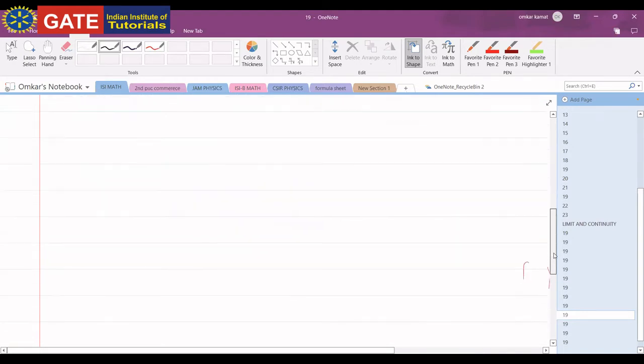Now, if L'Hopital rule is clear, I'll write down the L'Hopital rule, note it down accordingly.